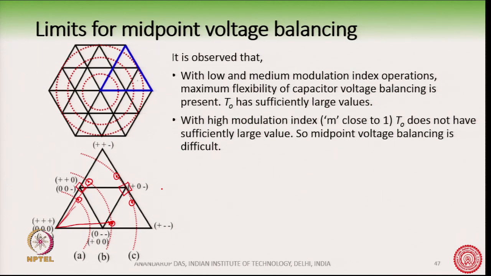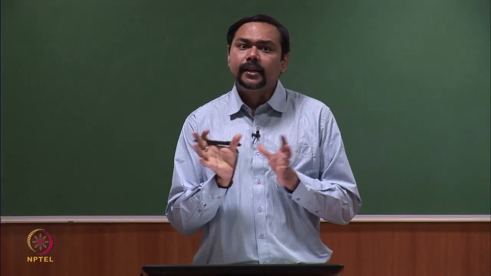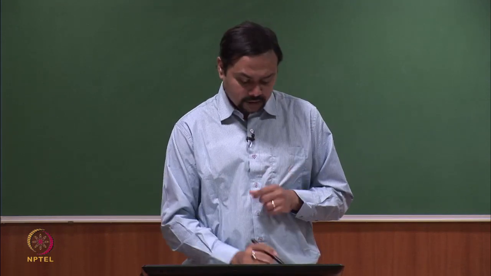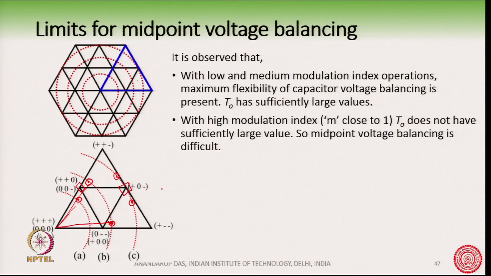Unfortunately, this plus 0 minus we have applied for t 1 time period, and so the T 0 time periods are small and the delta t time is also small. So that manipulation of delta t will also be small. Therefore, if the modulation index is very high, then unfortunately this technique has a limitation.